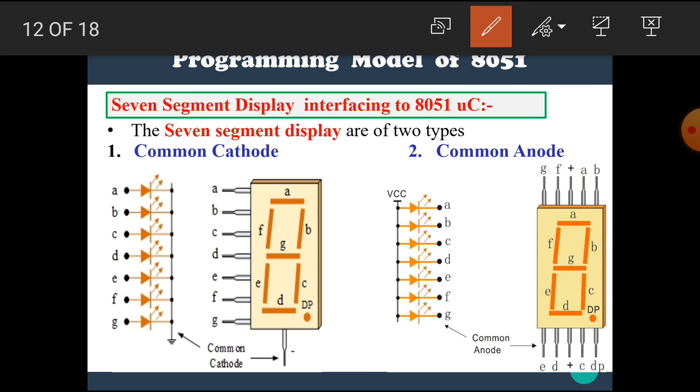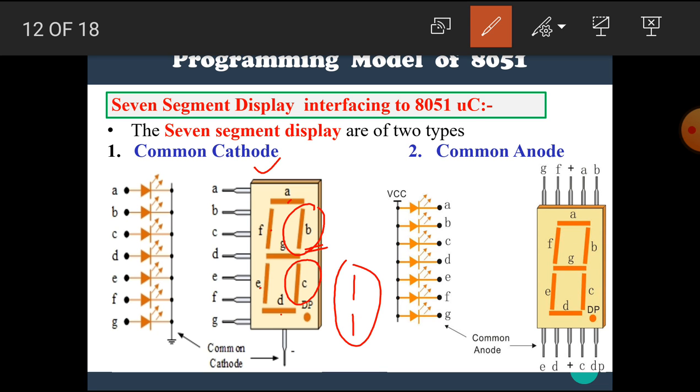For example, if we want to glow 1 on the display of common cathode type, then only segment B and C should be on. Other segments A, F, G, E, D should be off.